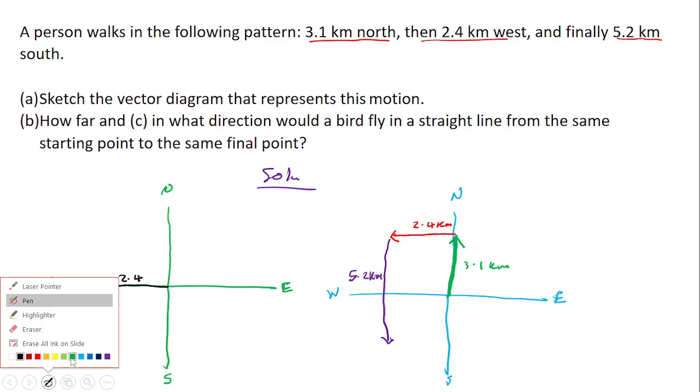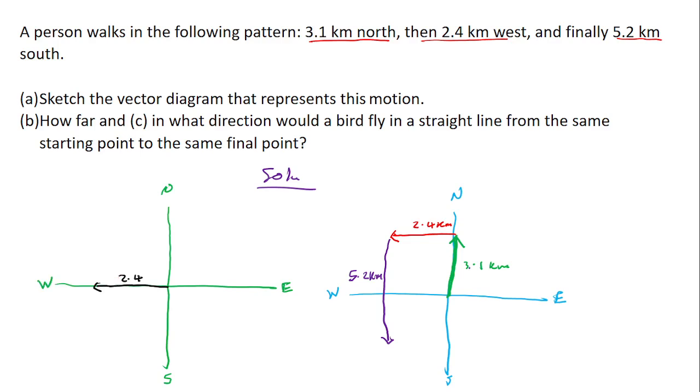You can simply consider the difference between 3.1 and 5.2. So 5.2 minus 3.1, your answer will be 2.1. But in this particular case, you need to know that this is the negative side.